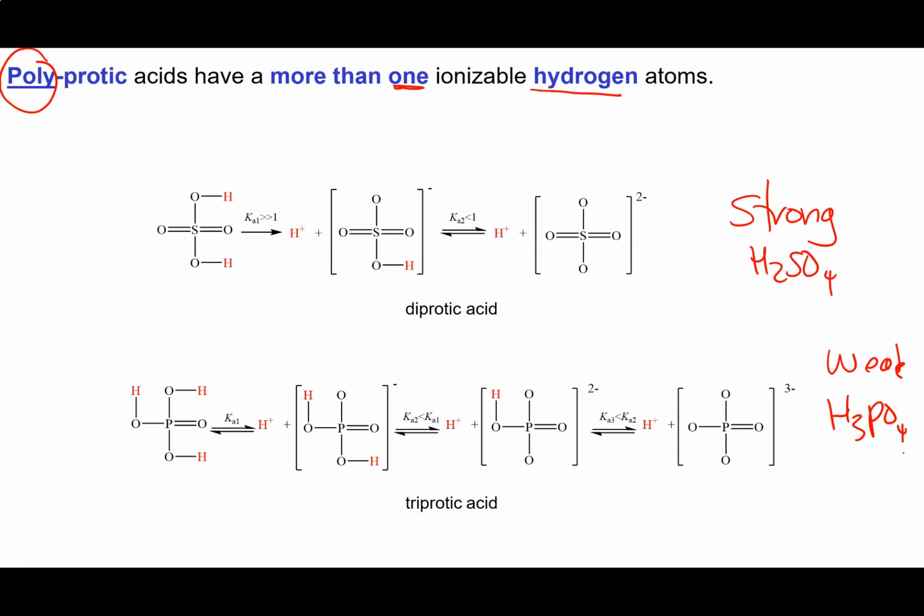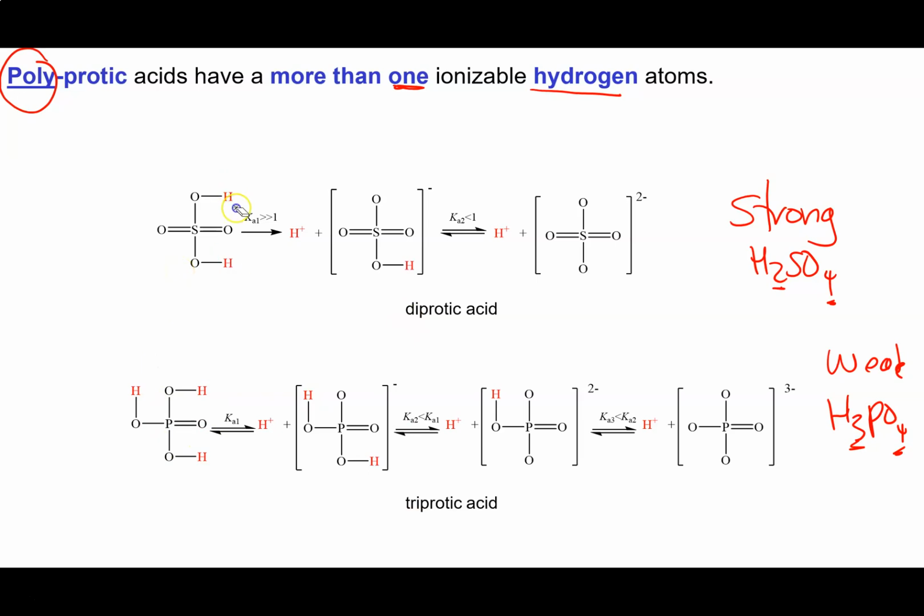And we can tell if they're strong or weak, remember, by comparing the number of oxygens to the number of hydrogens, and we need at least 2 more oxygens than hydrogens in order for it to be classified as strong. An acid which has 2 ionizable protons is referred to as being diprotic, and an acid that has 3 ionizable protons is referred to as being triprotic.